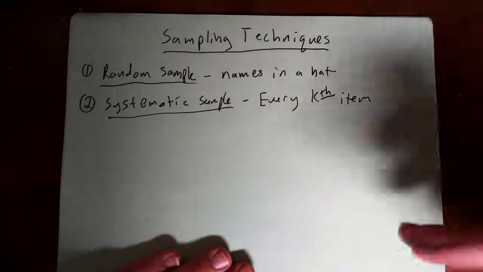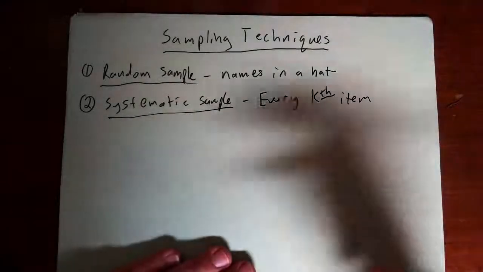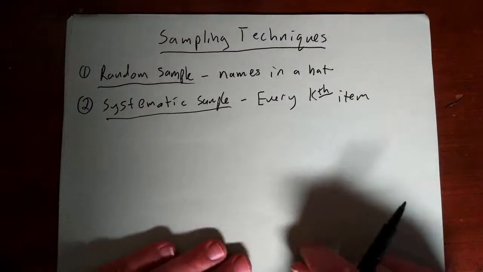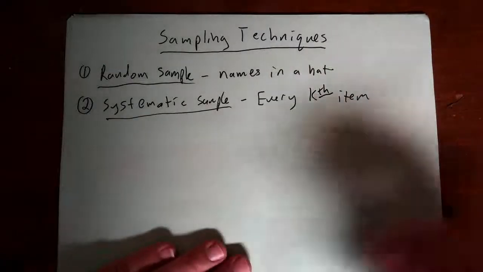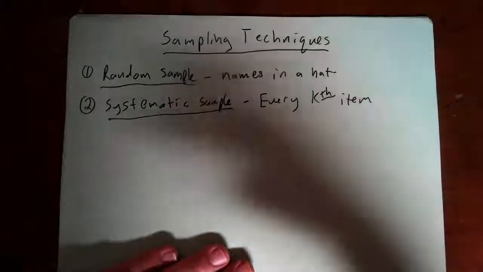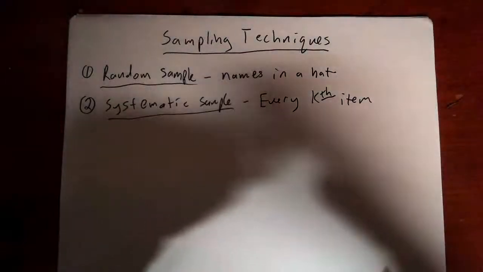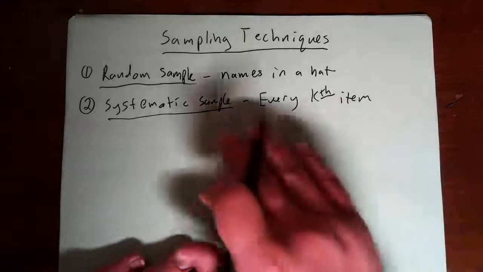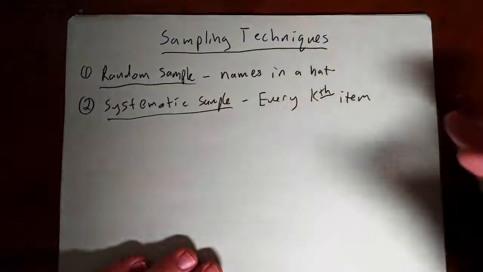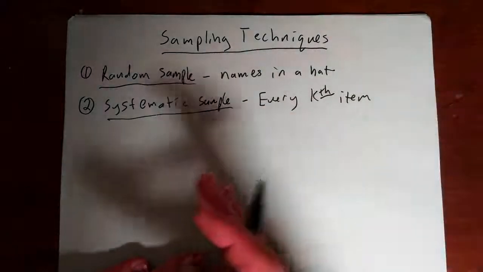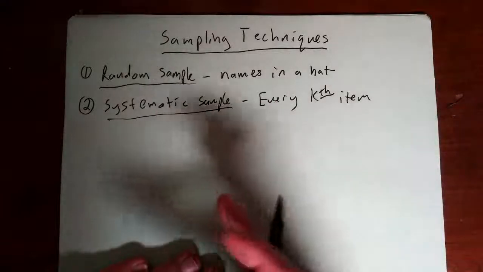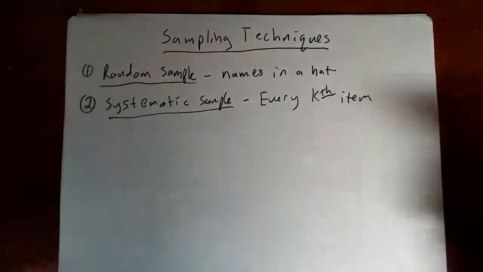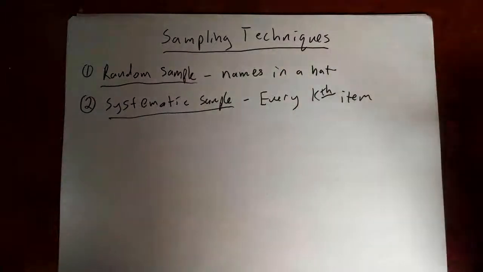Let's say you drew out 13, then it would be every 13th item, and then you also randomly select the first item that comes off of the assembly line, and then you take every 13th after that. So once K and the first item are selected, then every observation in that data set does not have the same chance of being in the sample, only every kth item.